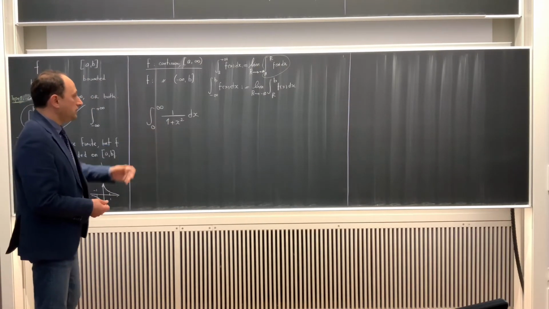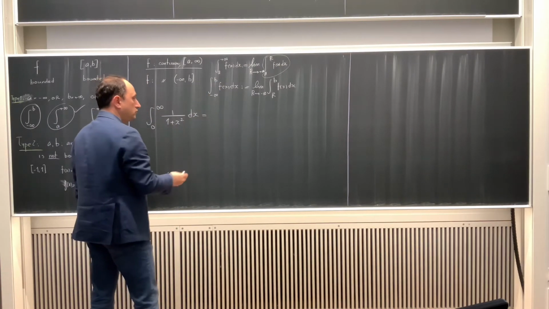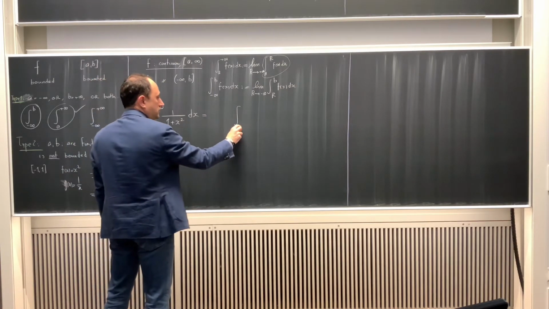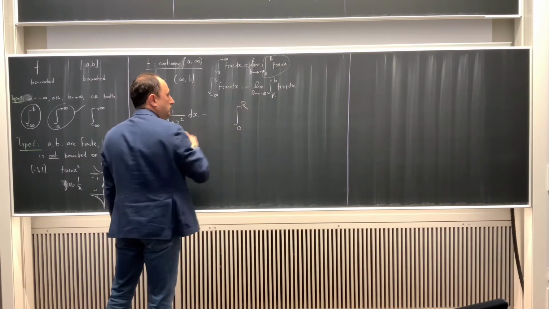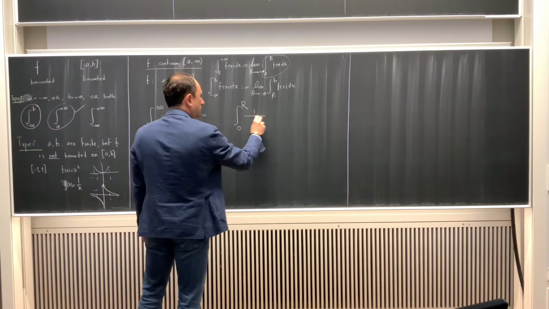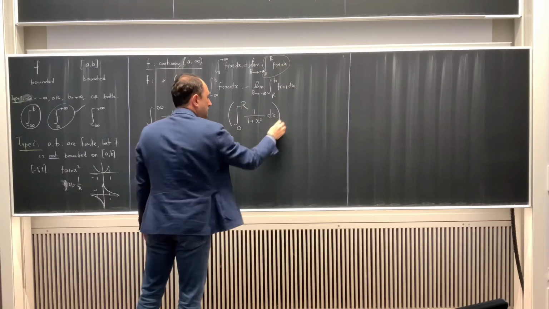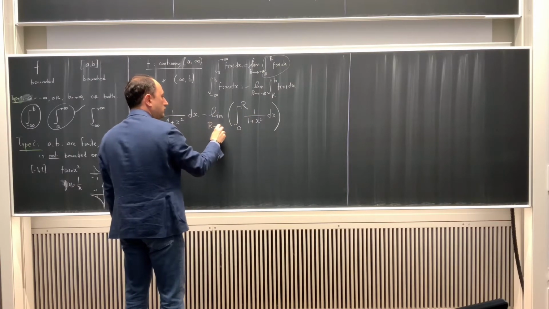If you see this, the first thing that should come to your mind is the definition. So you take the integral from that number, which in this case is 0, but instead of writing up to infinity, you write a number r there, and then you write the integral, and then you calculate the limit of this expression when r goes to infinity.